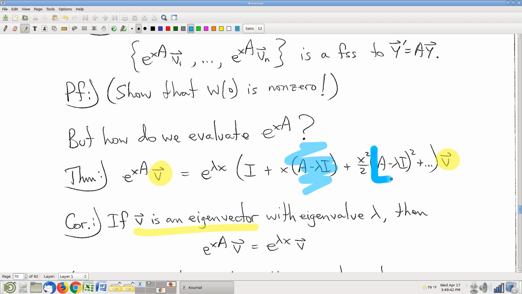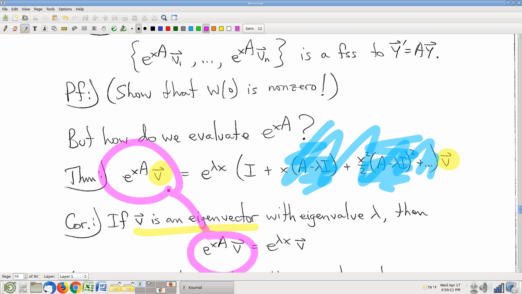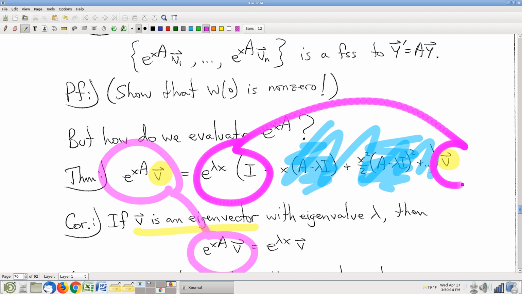Okay, now what about A minus lambda I squared? What does that do to an eigenvector? Well, the first factor of A minus lambda I that you multiply gives you 0. And other things that you multiply after don't matter because they're being multiplied by 0. Right? So all these terms go away in a puff of smoke. All of the infinitely many terms in the infinite series go away, and all you're left with is matrix exponential times eigenvector is, well, e to the lambda x times the identity matrix.